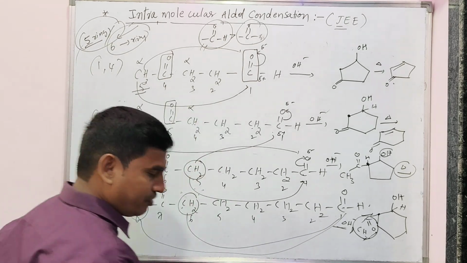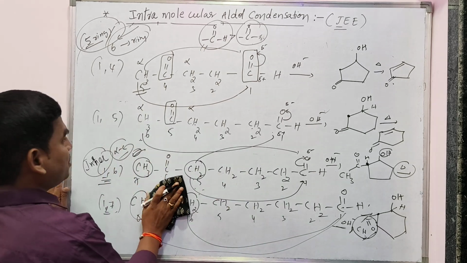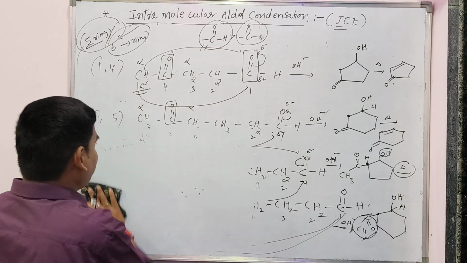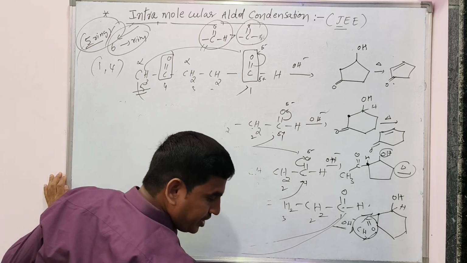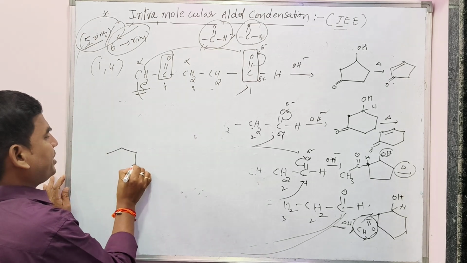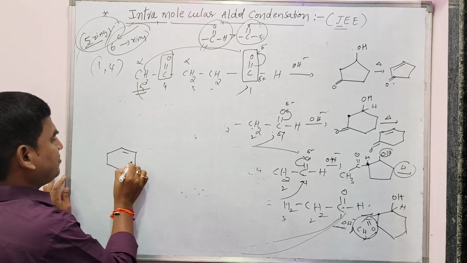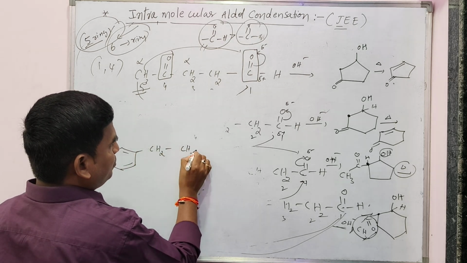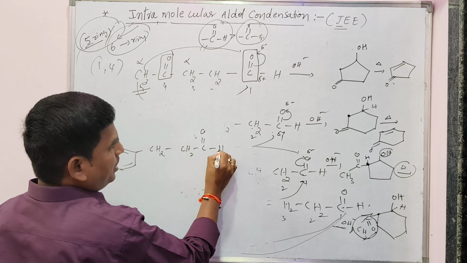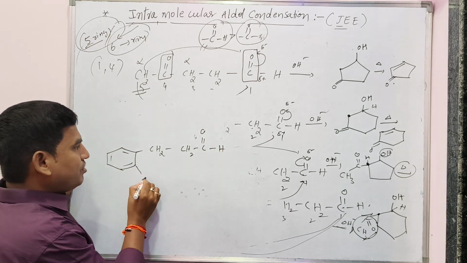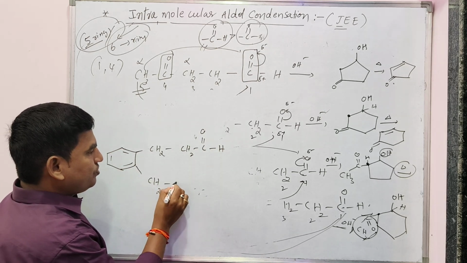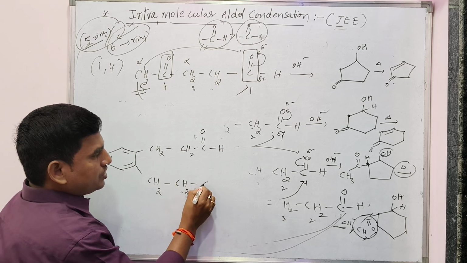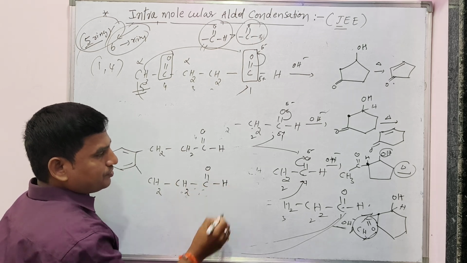Sometimes 7-membered rings are also possible. A 7-membered ring forms with aromatic compounds like the benzene structure. Here they give CH2 and CH2 and C double bond O H, and one more here: CH2, CH2, C double bond O H.